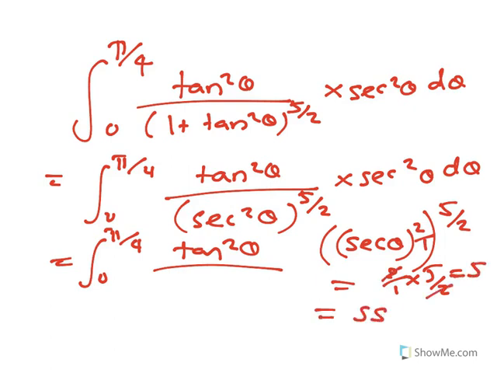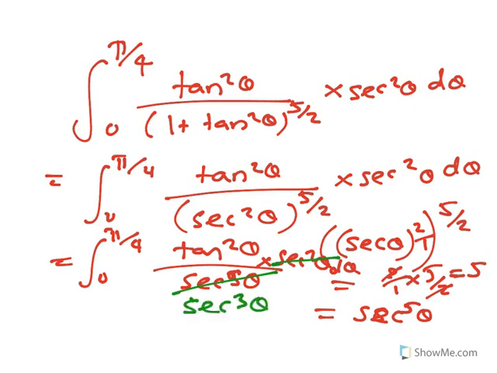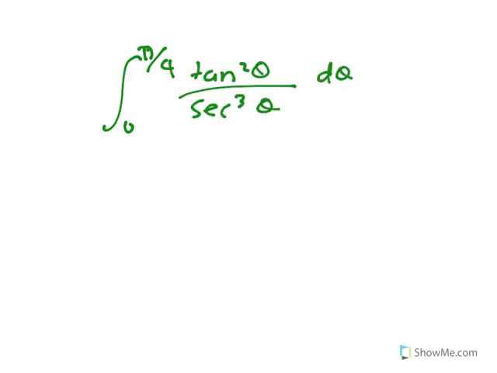So it's just going to be sec 5 theta. So it'll be sec 5 theta on the bottom times sec squared theta d theta. So cancelling here, sec squared with the sec 5 will give you sec cubed theta. So that means you've got 0 to pi on 4 of tan squared theta over sec cubed theta d theta.